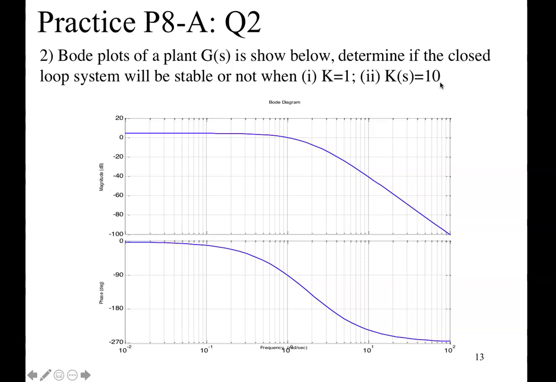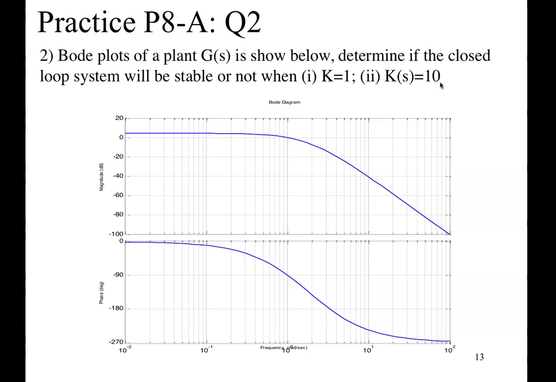In other words, you have to add 20 log 10 to the magnitude plot before you determine if the closed loop system is stable or not, or before you find the two frequencies.